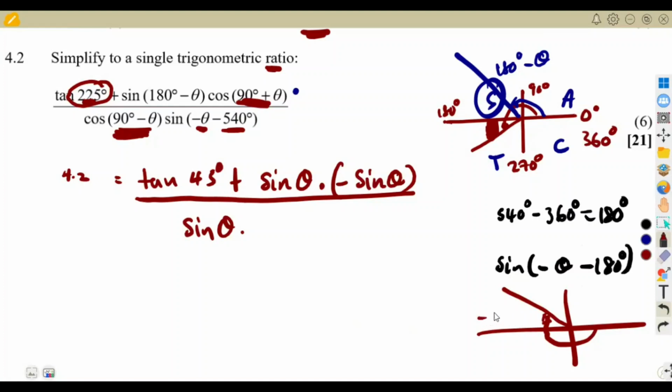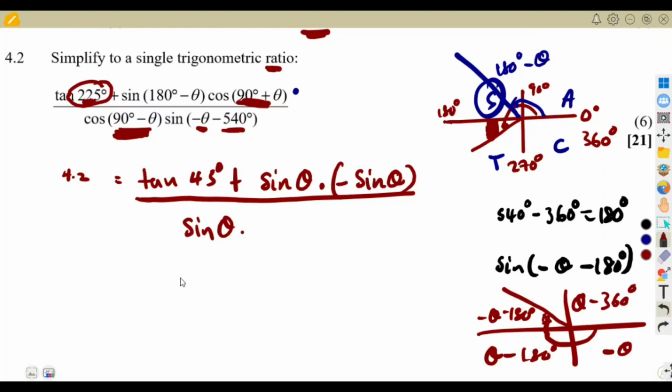So minus theta minus 180 is found in the third quadrant. Remember, in the fourth quadrant, it's minus theta. Then this one will be theta minus 180, this one will be minus theta, and it's going to be theta minus 360 degrees as a negative angle.